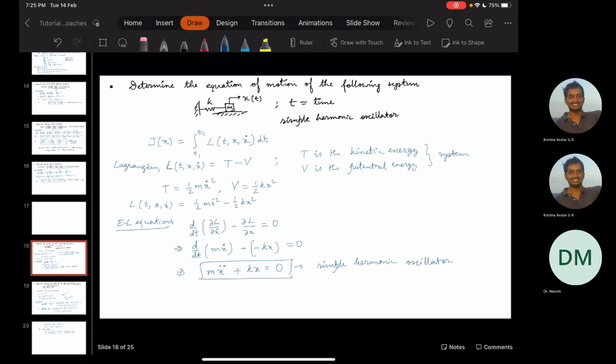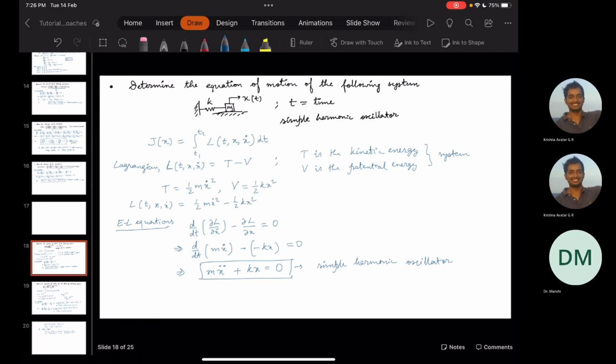Given some initial disturbance or displacement, the system will keep on oscillating, and it is also called a simple harmonic oscillator. Our aim here is to determine the equation of motion for the system. And mind you that the displacement x here is a function of time t.